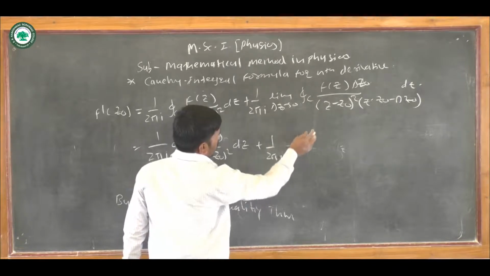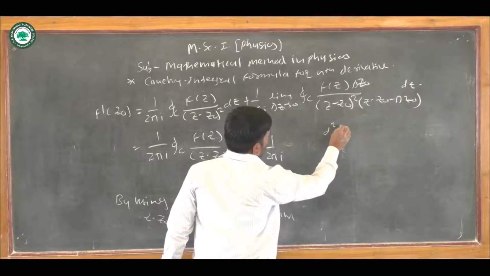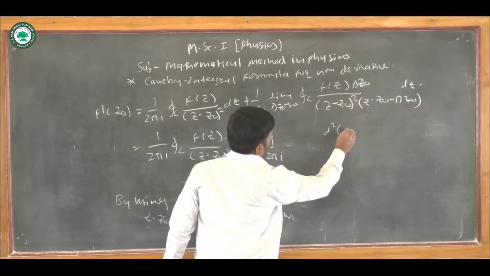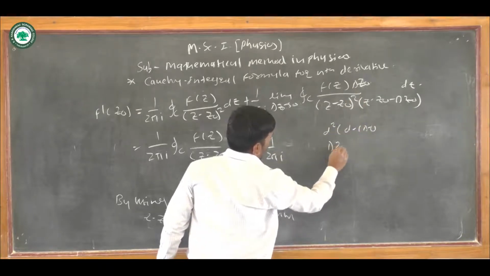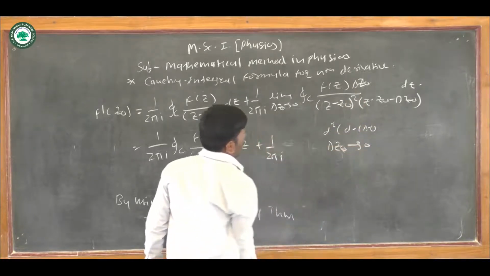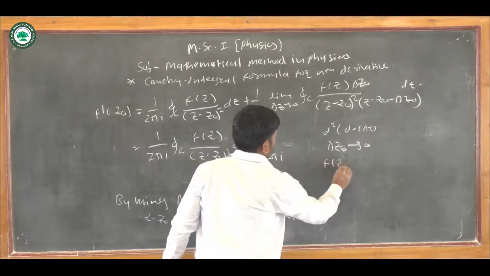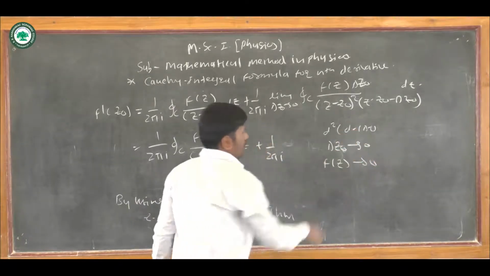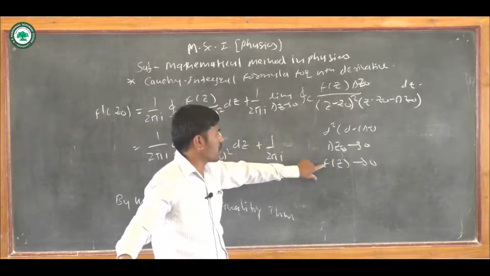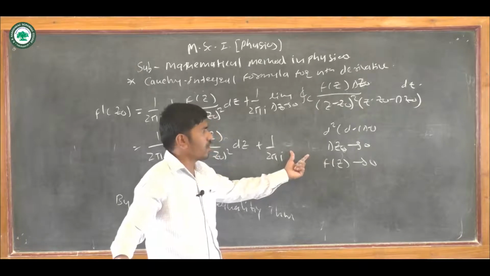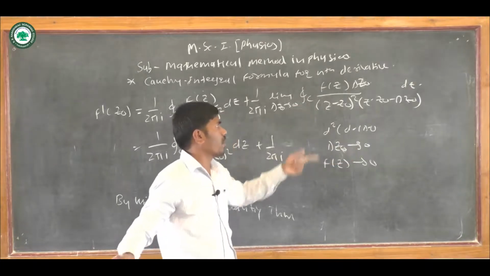If I write in the modulus, this becomes d square into (d minus delta z), and when this delta z naught approaches 0, this f of z also approaches 0. So from this we can directly write this f of z is equal to 0 when this delta z naught approaches 0, applying the limits.